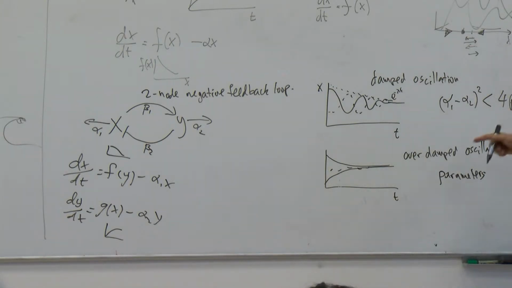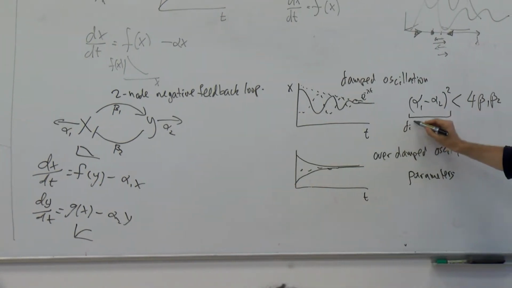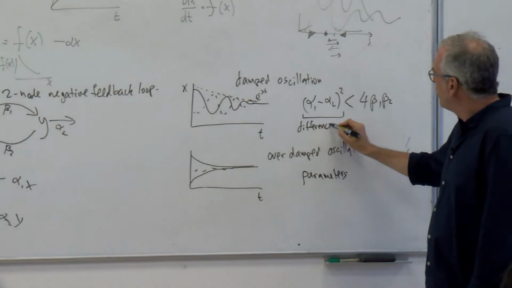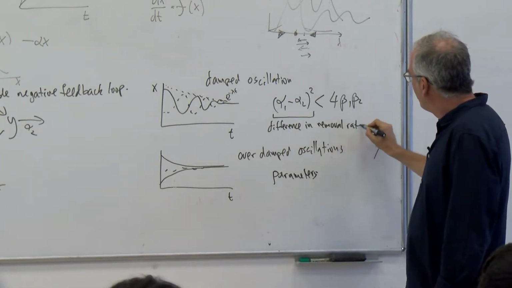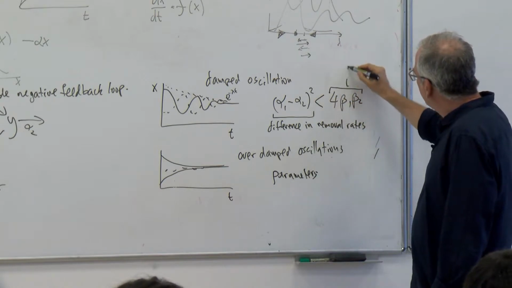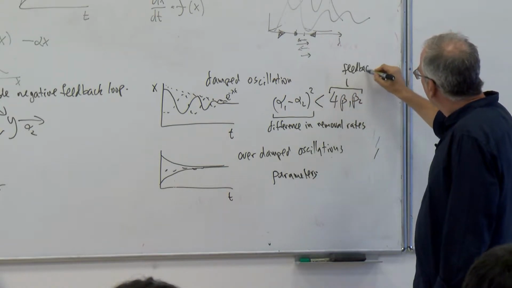So there's a condition for the parameters. Now, what's this alpha 1 minus alpha 2 squared? This is the difference in removal rates. And this is the feedback strength.